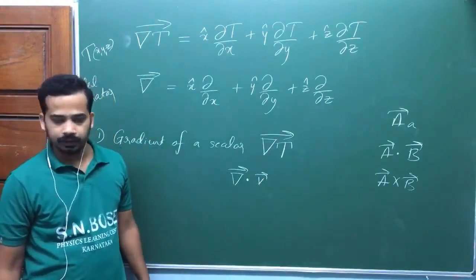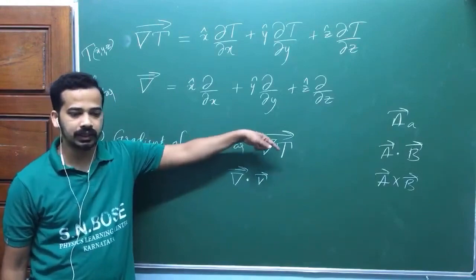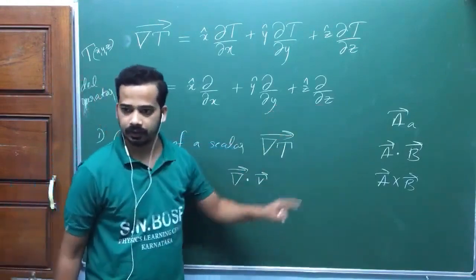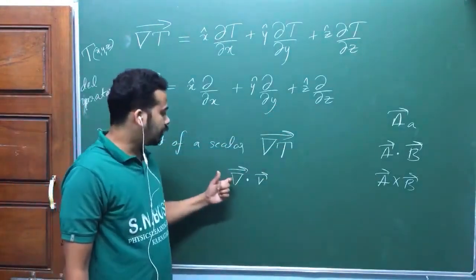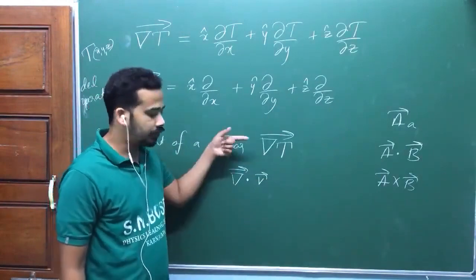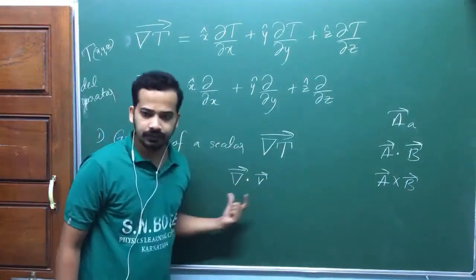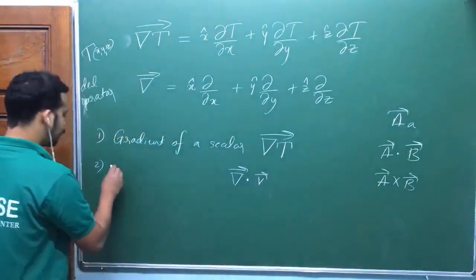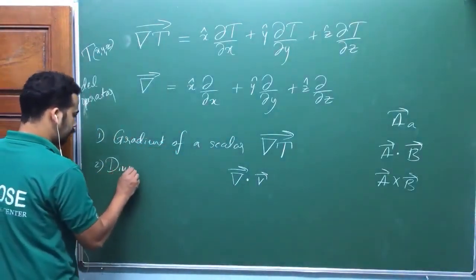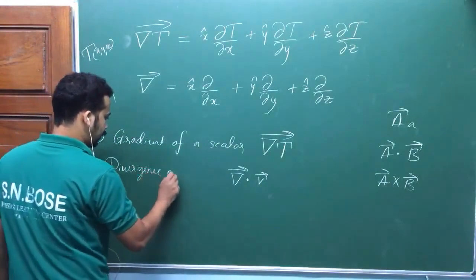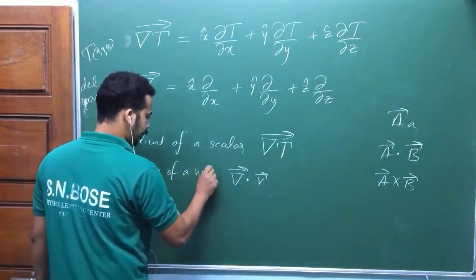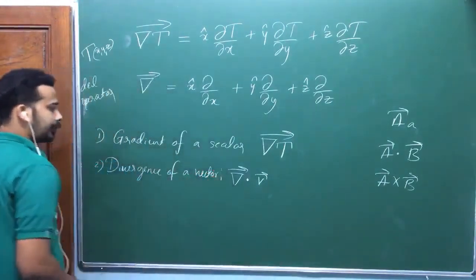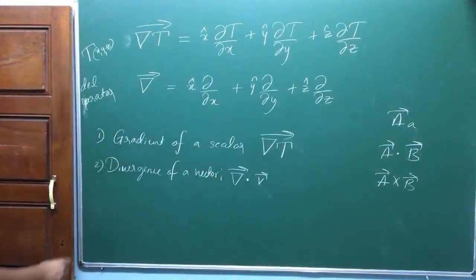The first is an operation on a scalar field, and the resultant is a vector. There is one more kind of operation that you can do with a del operator on a vector field. It's a kind of dot product, and the result is a scalar. We call this the divergence of a vector. This is another type of operation that you can do with a del operator.